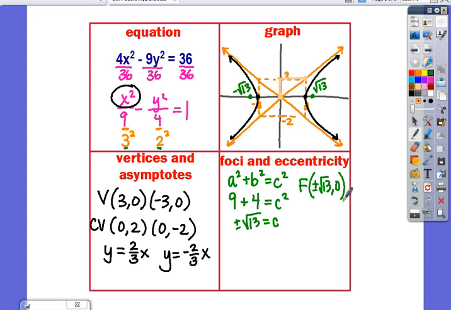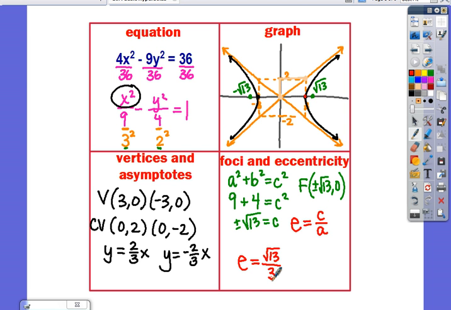And eccentricity, lucky for us, it's the same exact formula. But you'll remember that eccentricity is between 0 and 1 for ellipses. But for hyperbolas, well, let's see. What's it going to be? Square root of 13 over, and now the a has to be the vertex number, and you'll remember our vertices are at 3, so I guess it kind of does matter which one is a and which one is b.